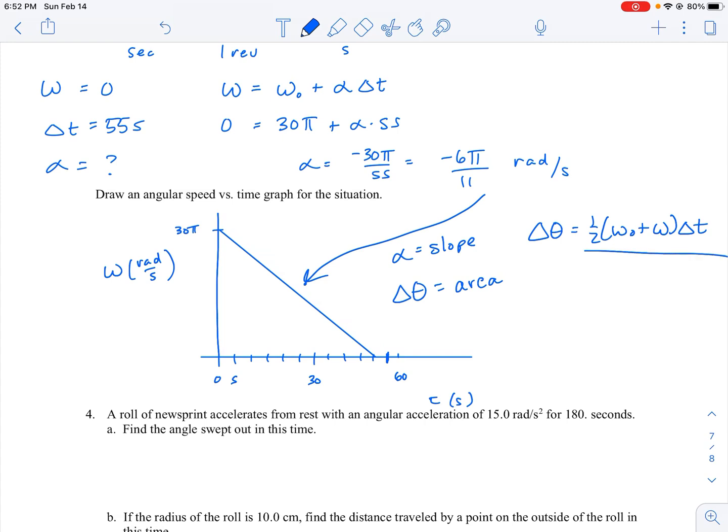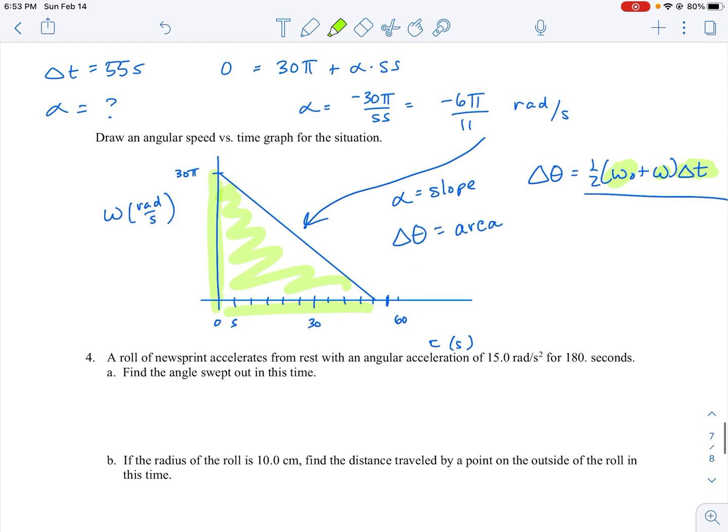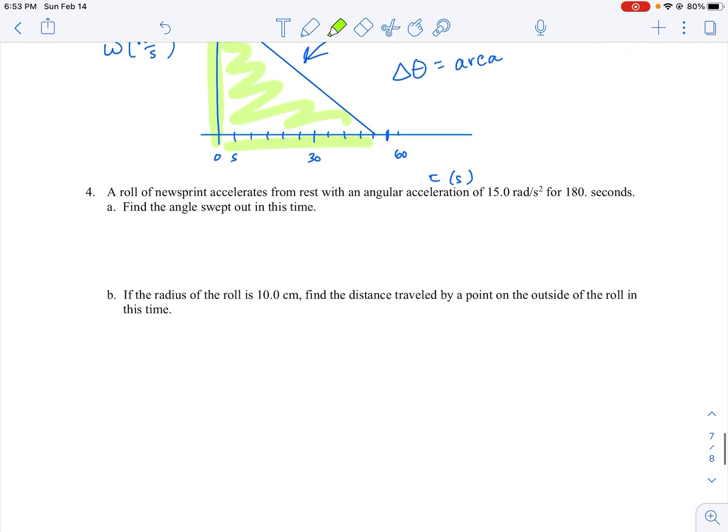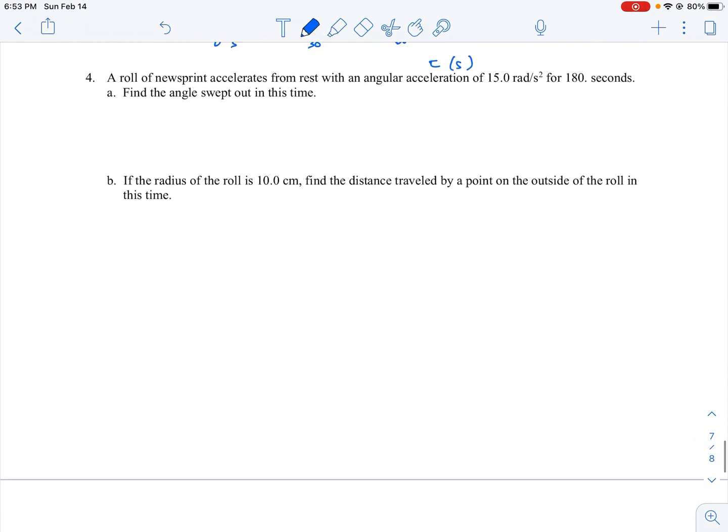And check it out, this formula is essentially the formula for a triangle, which is what this is. We've got the base, the base is delta t. We've got the height, that's our initial speed. And the final speed is 0, so 1/2 base times height. Pretty cool.